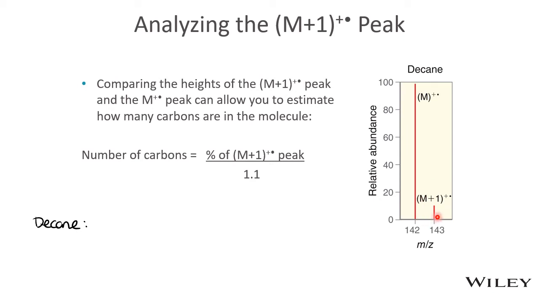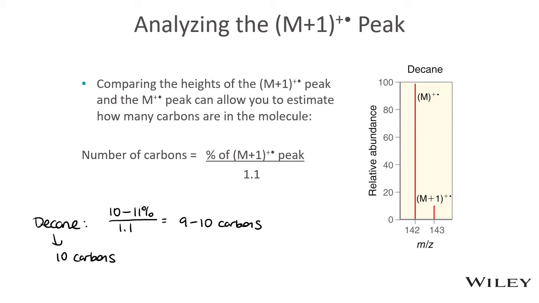So we're going to take the percentage of the M+1 peak, which is about 10 to 11, and divide it by 1.1. Now that's going to end up giving us a number of about 9 to 10 carbons. And that proves that we are working with decane, which we know for sure has 10 carbons.